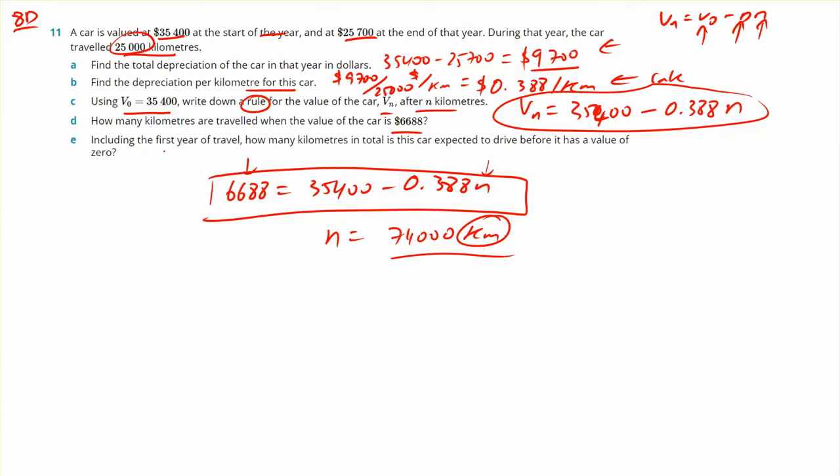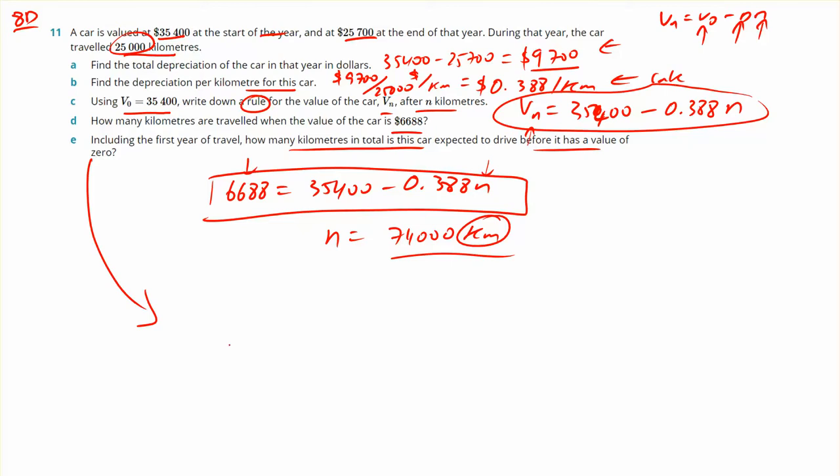So next part: including the first year of travel, how many kilometers is the car expected to drive before the value is 0? This is telling us we want the value of the car to be 0. Remember, Vn represents the value after n kilometers traveled.